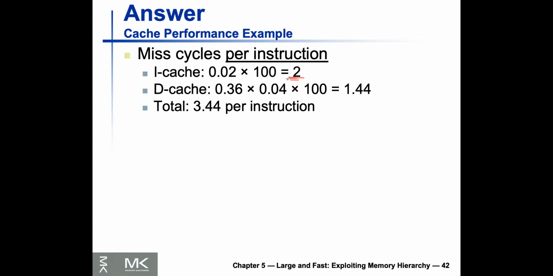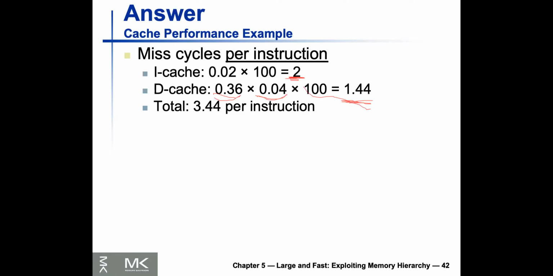Our D cache was missing 4% of those instructions that are only dependent on the load and store, because loads and stores involve data. Is that clear? So that would be 1.44.